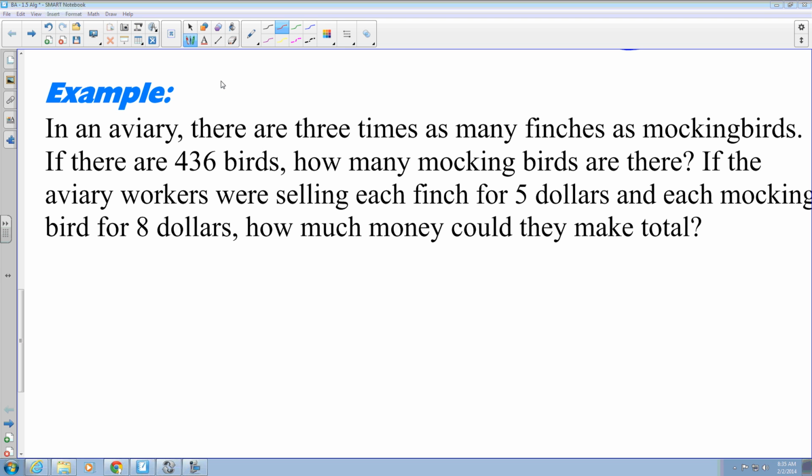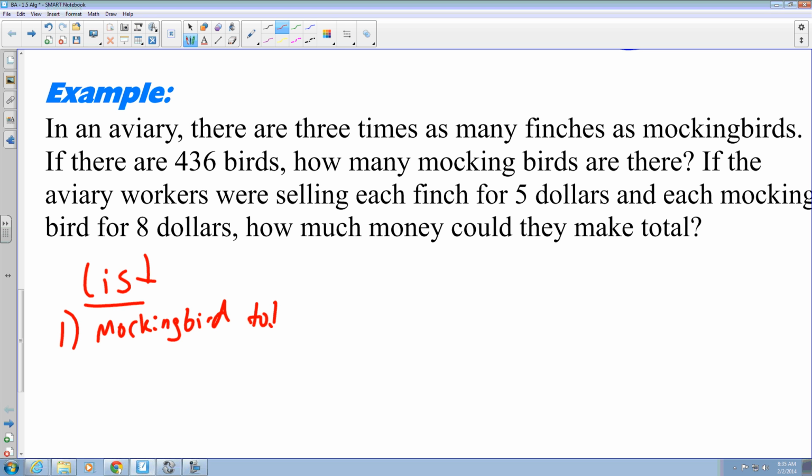So this is one of those things where I would almost make a list. So the list is this. First off, we want to know how many mockingbirds there are. Mockingbird total.